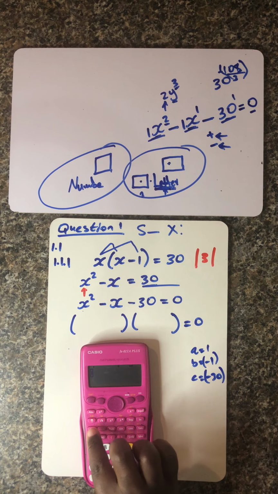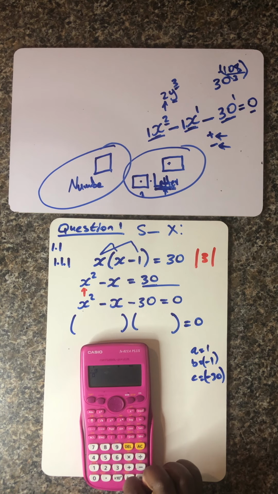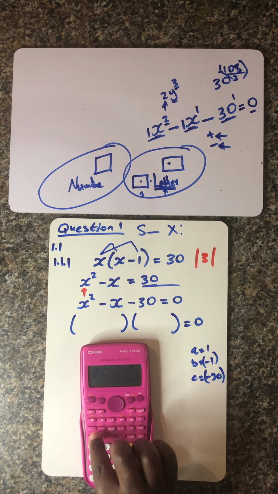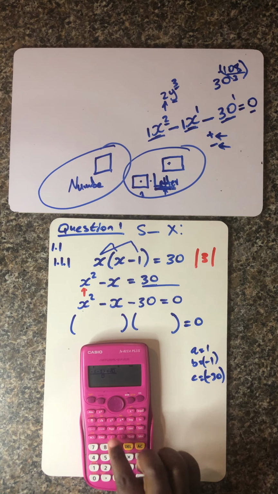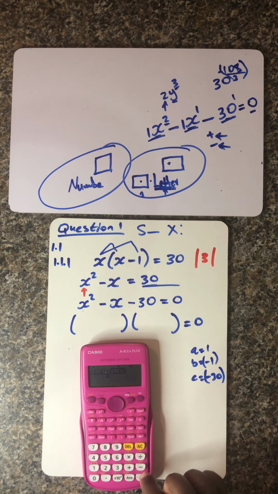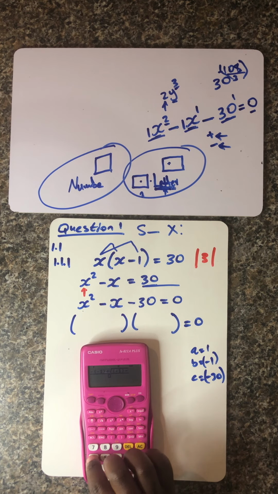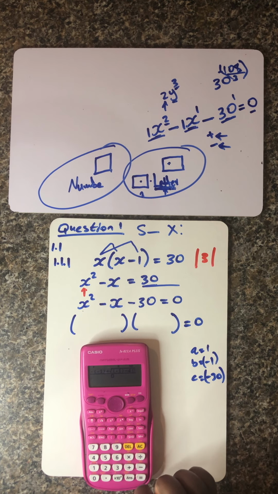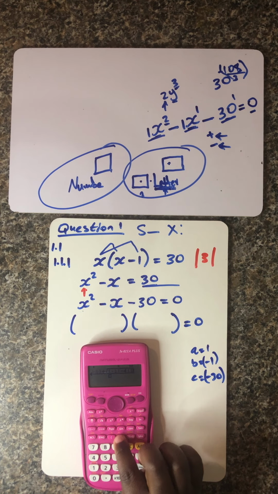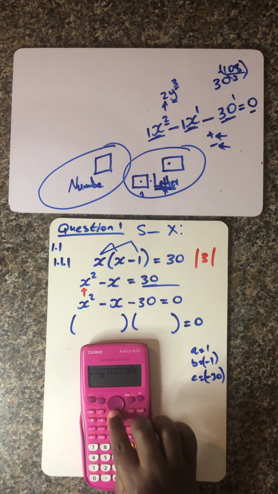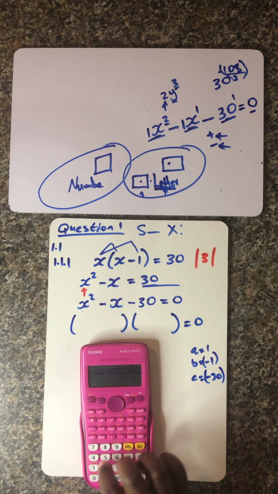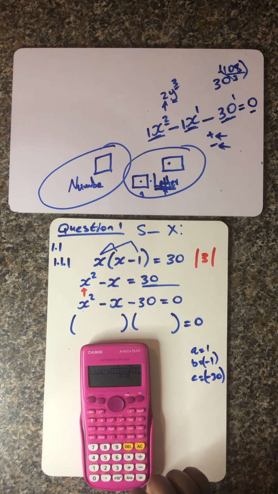Obviously it's negative B, which is -1, in brackets, plus the square root of -1 minus 4, what is my A? My A is 1, in brackets, then it's -30, over 2 times my A, which is 1.